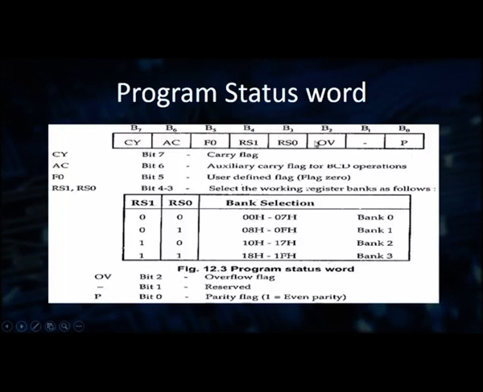The first bit, B0, is P, which is parity. Parity is used for error checking, right. It will be either odd parity or even parity. If it is 1, it is an even parity; if it is 0, it is an odd parity. The third bit is OV, which is the overflow flag.